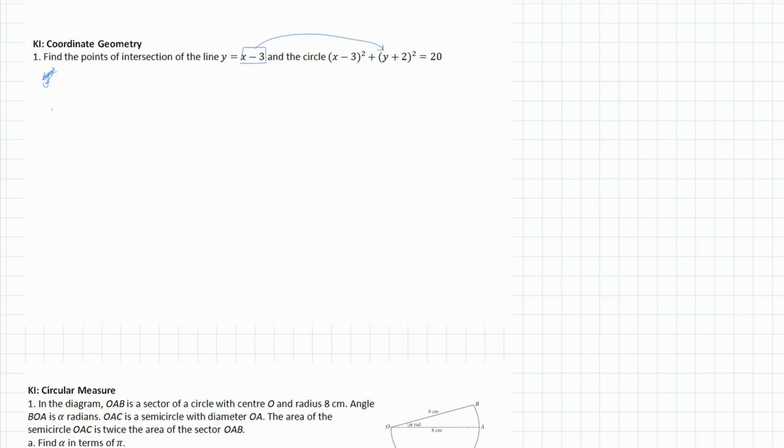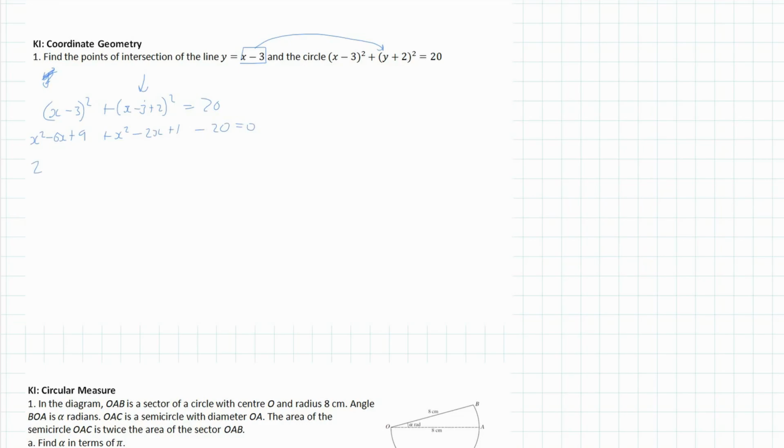So for the circle, I'm going to get (x minus 3) all squared plus, and then I go (x minus 3 plus 2) all squared equals 20. So you can see I get x squared minus 6x plus 9, and this ends up being x minus 1. So for that I'd get x squared minus 2x plus 1. And I'll bring that minus 20 across and I get equals 0.